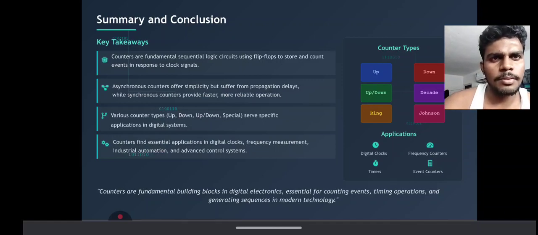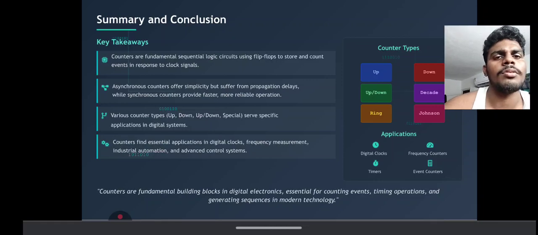Asynchronous counters offer simplicity but suffer from propagation delay, while synchronous counters provide faster, more reliable operation. The various counter types, up, down, up and down, and special counters, serve specific applications in digital systems. Counters find essential applications in digital clocks, frequency measurement, industrial automation, and advanced control systems.